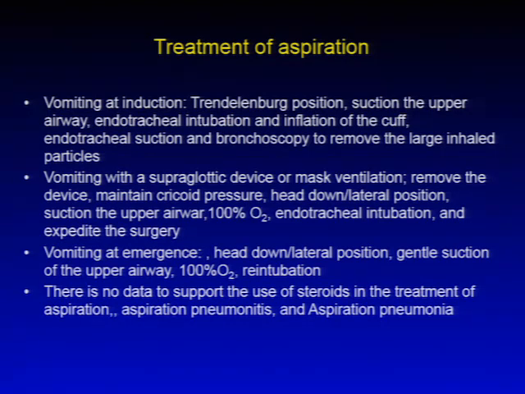If the vomiting is at emergence, put the patient in a head-down or lateral position and gently suction the upper airway with 100% O2 if reintubation is needed. There's no data to support the use of steroids in the treatment of aspiration pneumonitis and aspiration pneumonia.